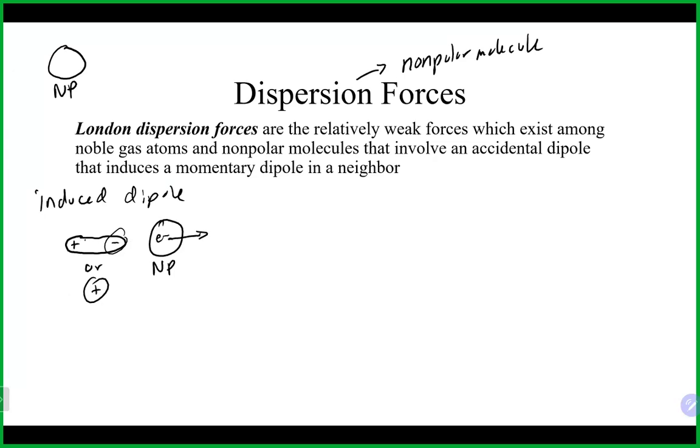Because they don't want to be near them. And in this nonpolar molecule that normally doesn't have a charge or a separation of charge, it will temporarily gain a separation of charge as those electrons try to evade. And that will temporarily give it a way to interact with each other.